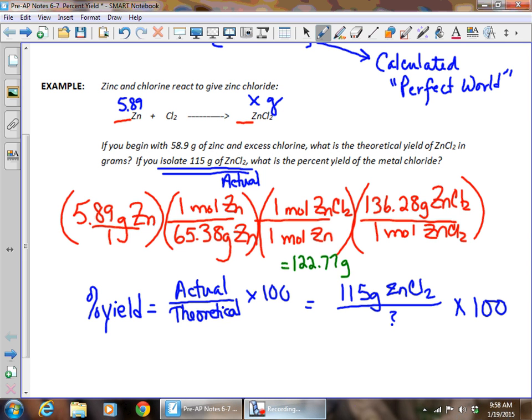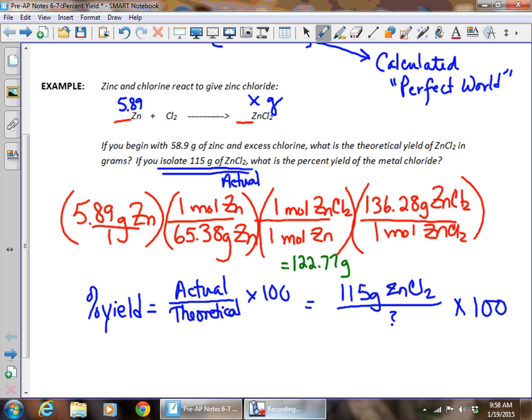Now, if this were not asked for specifically, because sometimes they don't, sometimes they'll just say, what's the percent yield? They won't ask for the theoretical yield. If they don't, we don't need to report this as a significant figures value. We just need to plug that into that bottom equation.